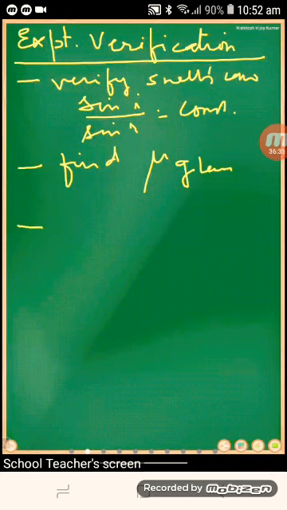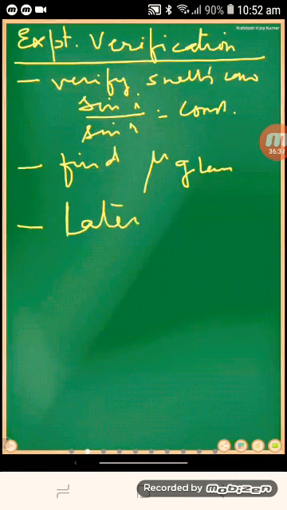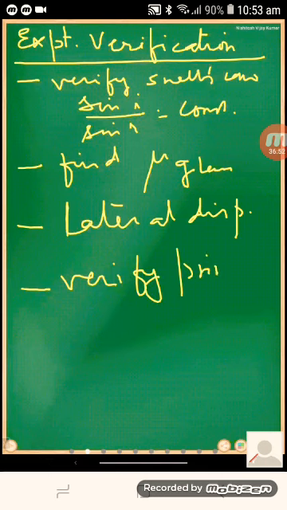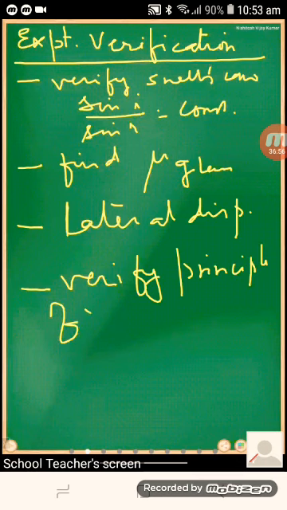The third purpose is to find out the lateral displacement. And the fourth purpose is to verify the principle of reversibility. So these four objectives we can achieve using this experiment.